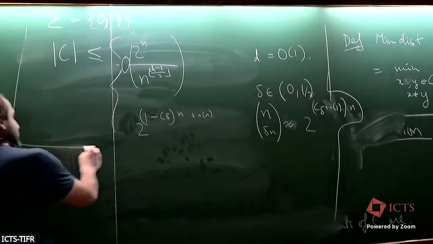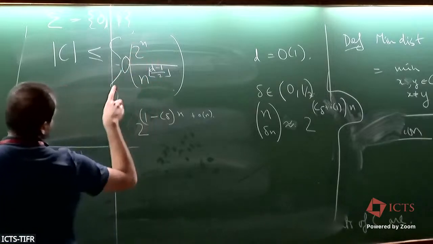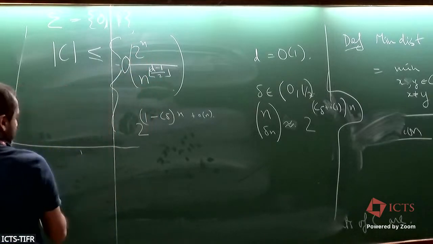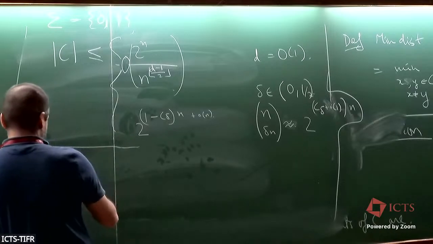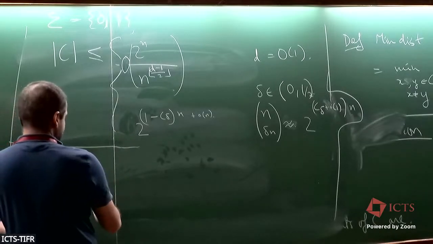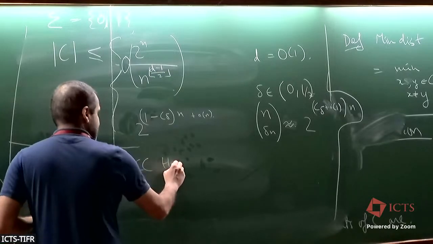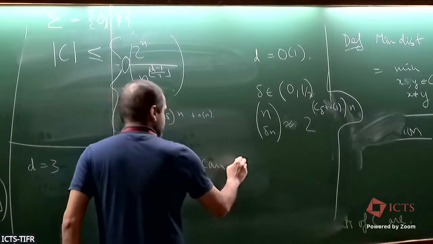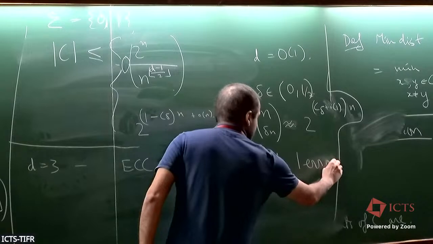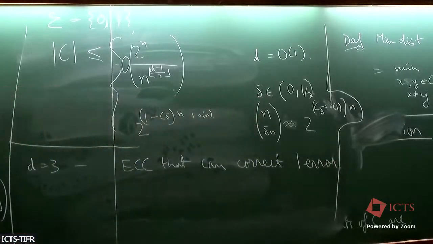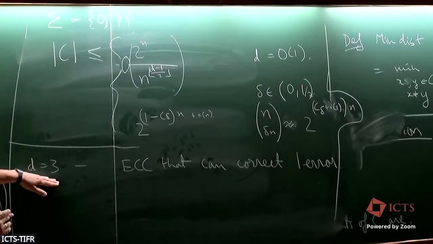One particularly interesting setting of this is d equals 3. This is an error correcting code that can correct one error, because (d minus 1) over 2 in this case is 1.